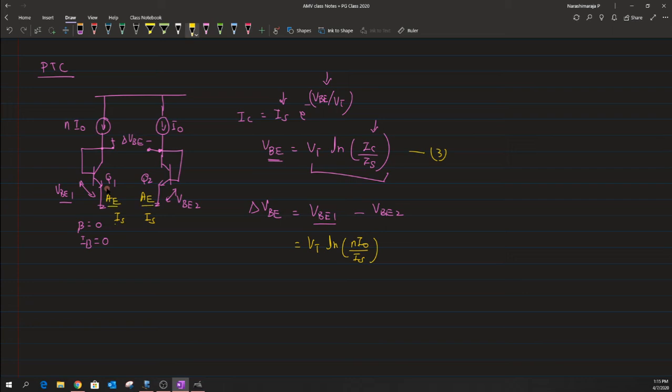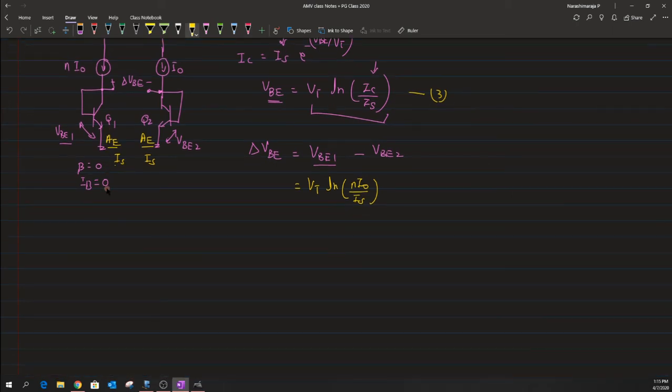Okay. So, this is something that one has to know, because we are not going much more in depth with respect to BJTs, but we are using the BJTs to talk about this BGR. So, in the same similar way, one could write the value of VBE with respect to the collector current flowing through the device as just I naught.